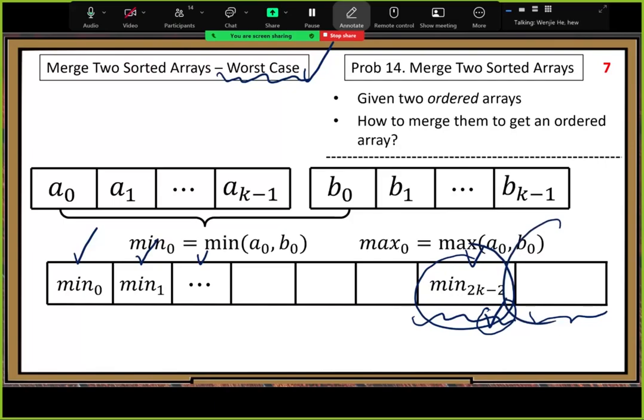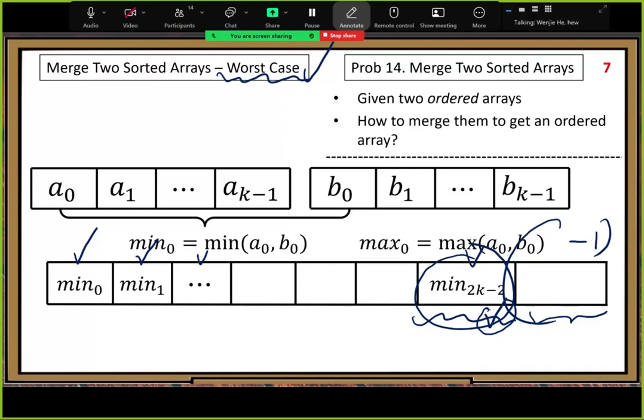So the number of comparisons is the total number of elements minus 1, because for the last one we do not need a comparison. Before that, we have a one-to-one correspondence: one element, one comparison.